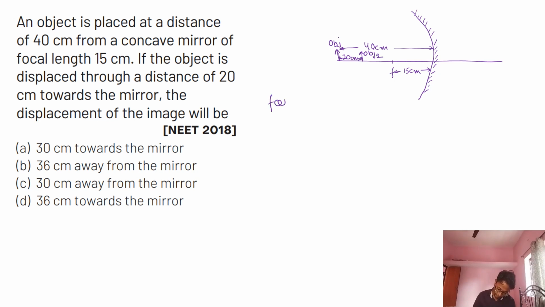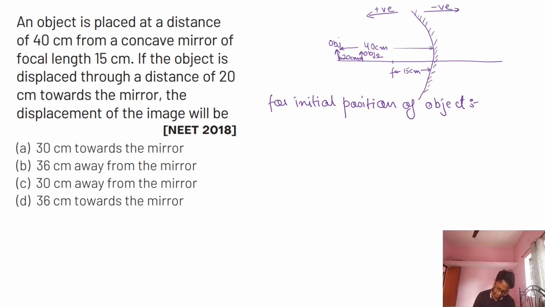So for the initial position of the object. Whenever you are solving any optical lenses or mirrors, always first assign a coordinate system. This side is positive, this side is negative.